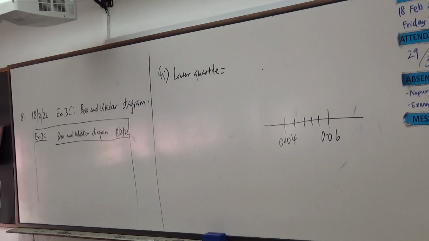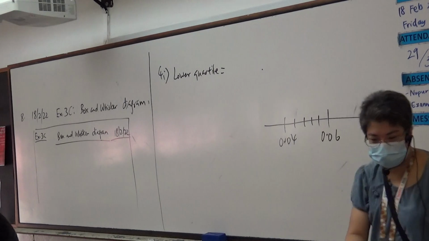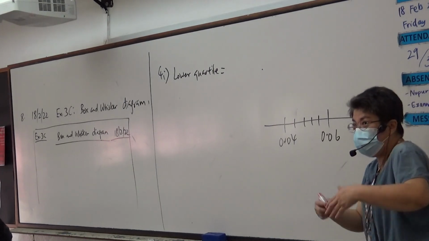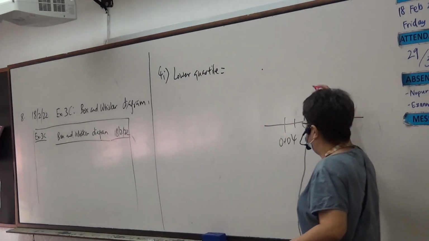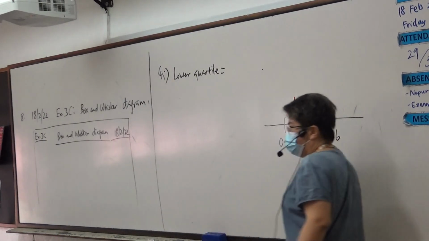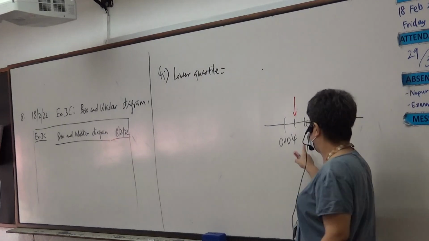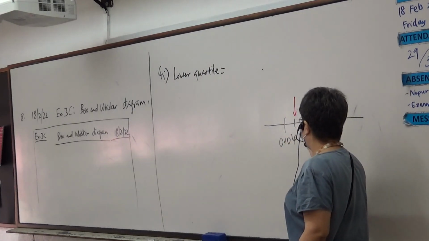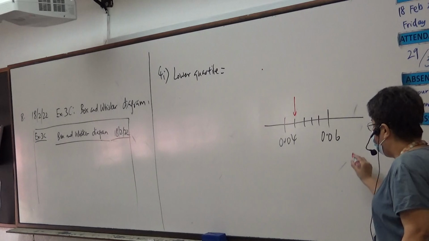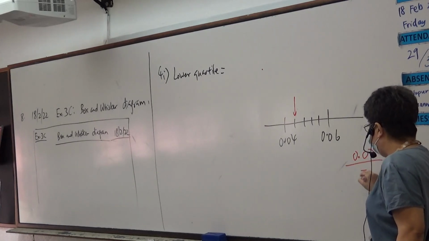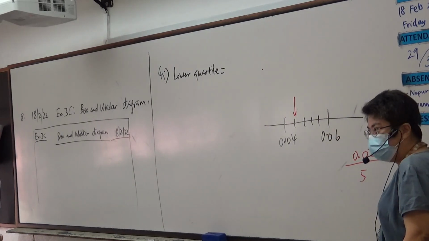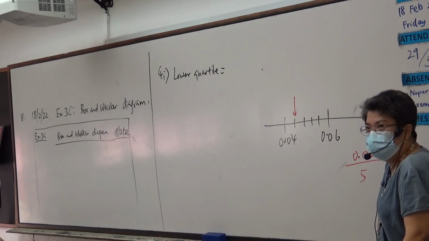May I know? You see, I asked very nicely. How much is here? What is 0.02 divided by 5? All of you give it to me. Must know how to read now, right?